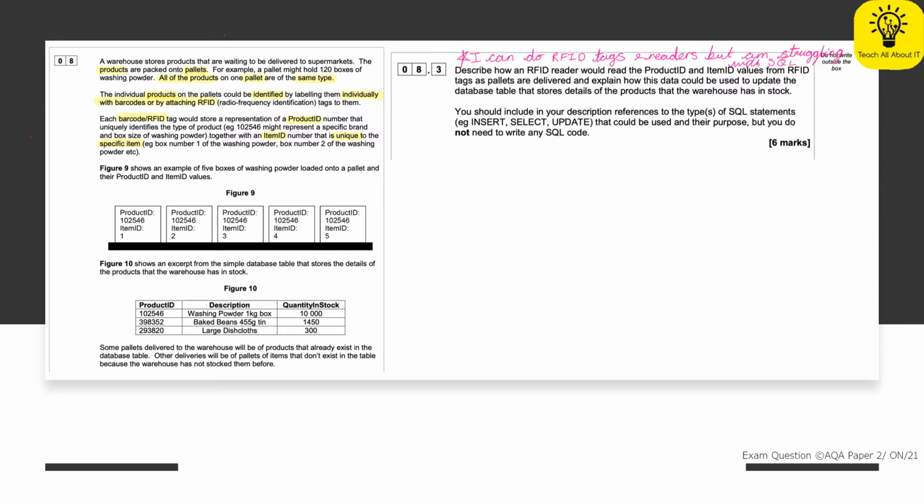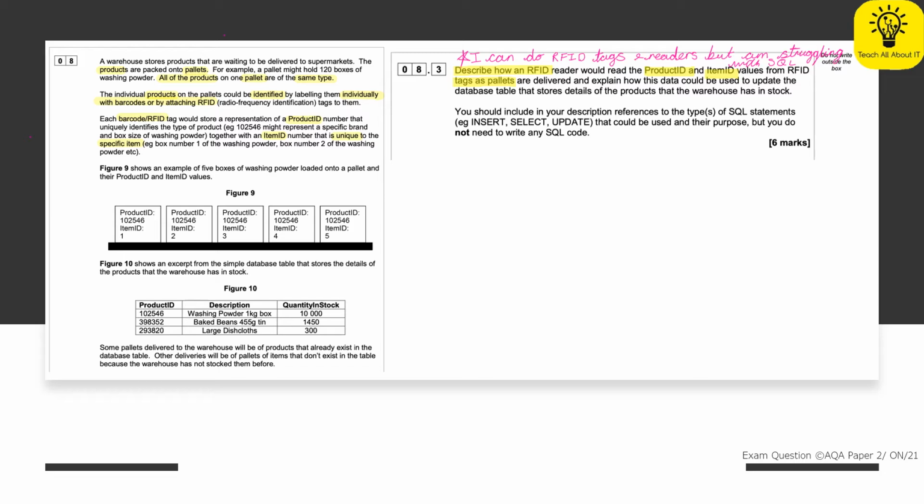And in this case, I need to start off with a describe. Now, this one is describe how the RFID would read the product ID and item ID from the tag on the pallet. So I may well start off with a very specific question here, so actually saying what RFID is.